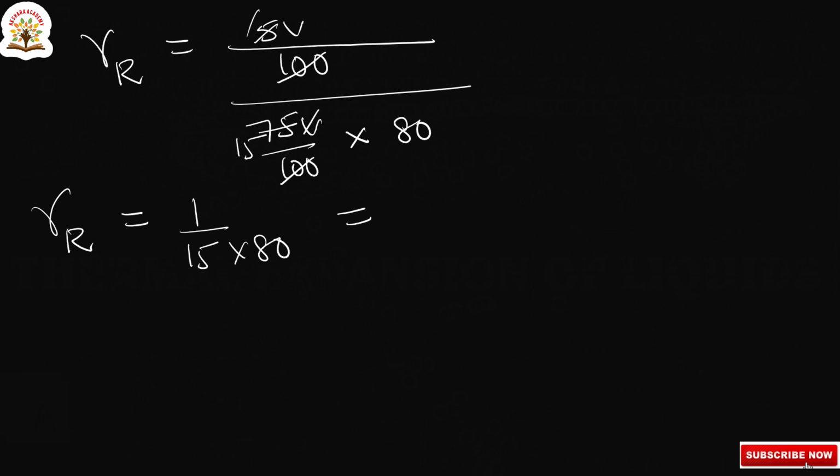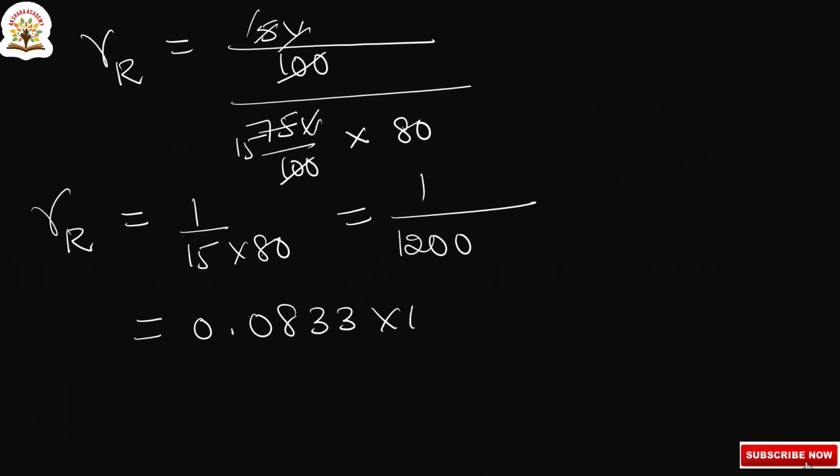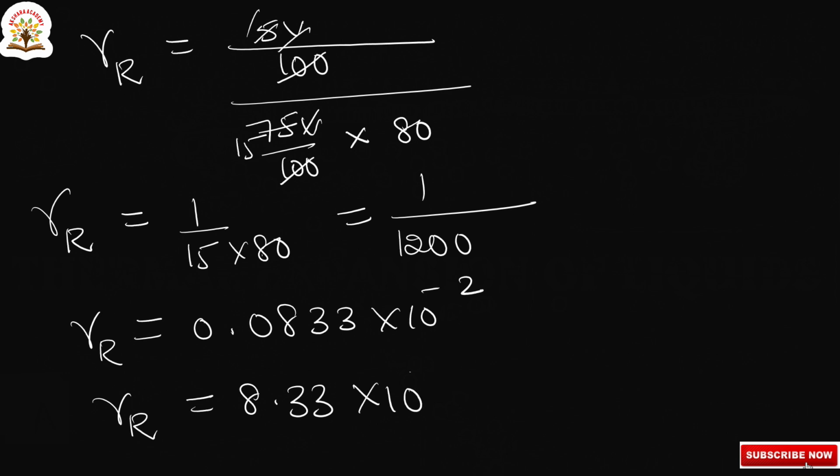V also gets cancelled. Now 1 by 15 into 80, 15 8s are 120, so 1 by 1200, it becomes 0.0833 into 10 to the power of minus 2, or we can write gamma R is equal to 8.33 into 10 to the power of minus 4 per degree centigrade. This is the final answer. Okay. Next we will go to the next question.